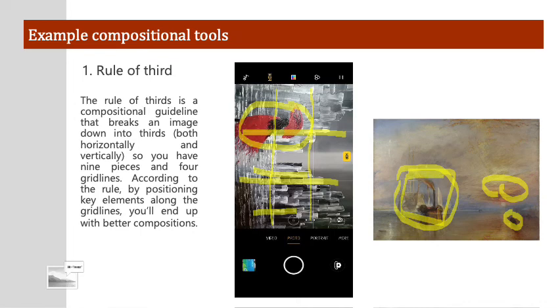So it was placed on the left or right third of an image, which comprises the rule of thirds. That is how artists sometimes arrange their elements of art into an artwork.